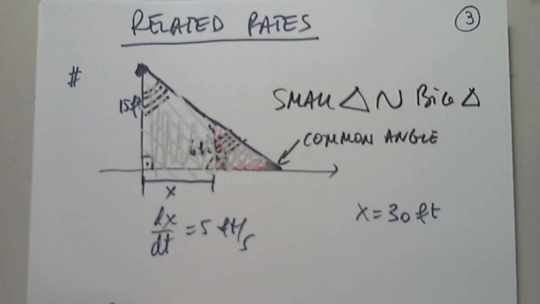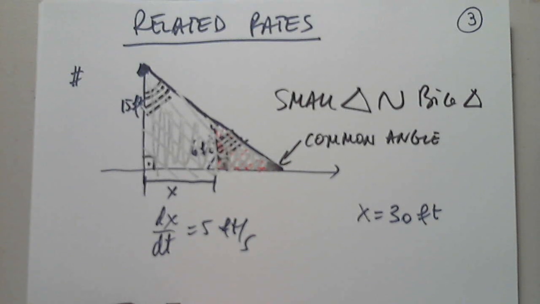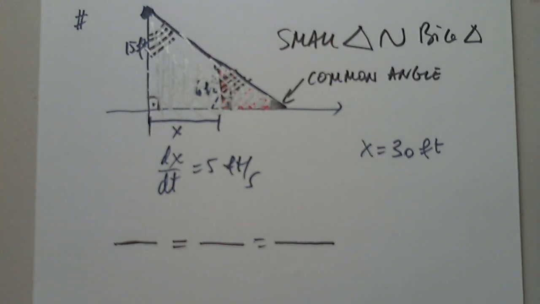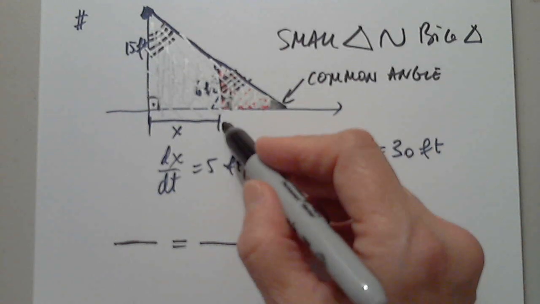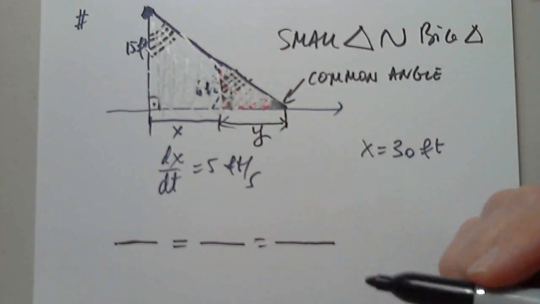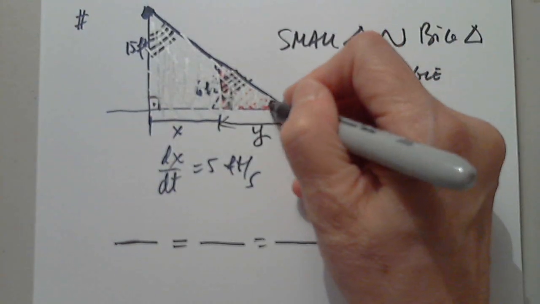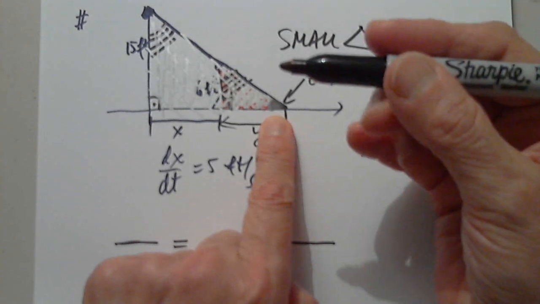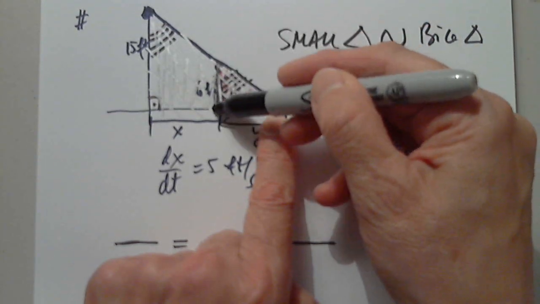Now I can write proportions with their sides. And the proportions have to be in a specific order. We cannot just punch in some numbers in there or some sides. So I will denote this piece by y. And I will start with the common angle. The common angle has an opposite side in the small triangle, and that is 6 feet.